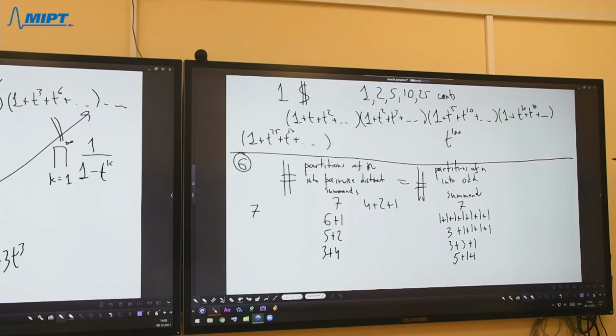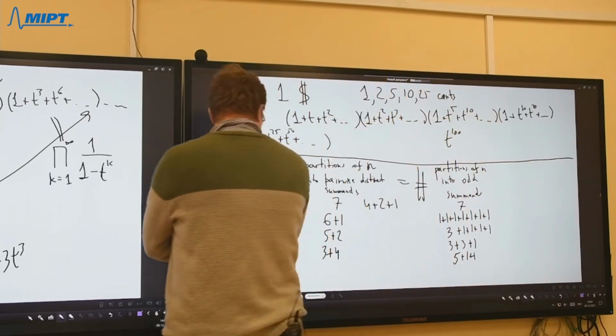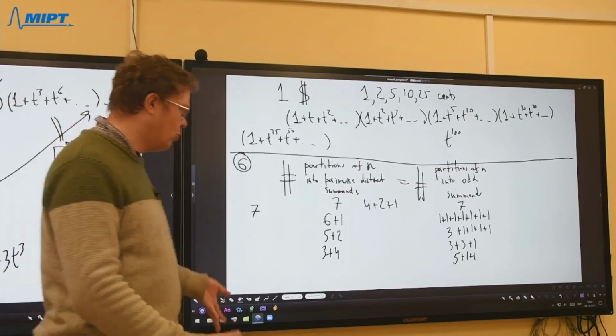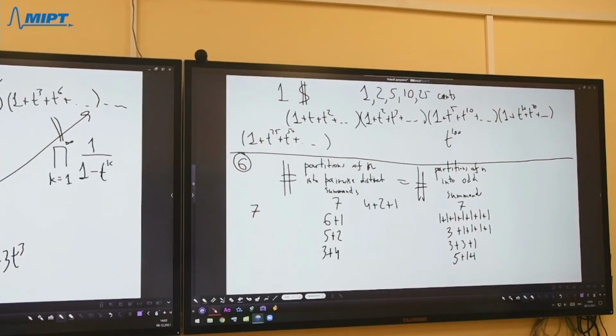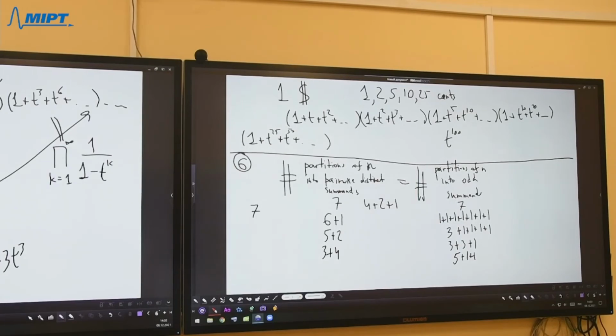So the idea, I just want you to try to write the generation functions for the left hand side and the right hand side, and just compare them to each other. Maybe we can prove that this is the same generation function, and then we can prove this equality. So I just again give you like 5 minutes.